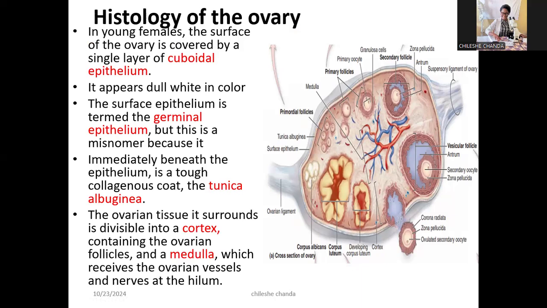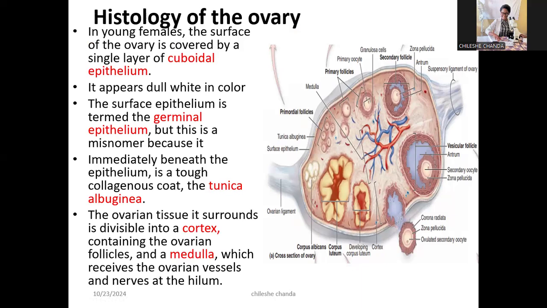Let us now look at the histology of the ovary. If you were to cut this ovary in half and you want to see what happens inside the ovary, this is what you're going to see.